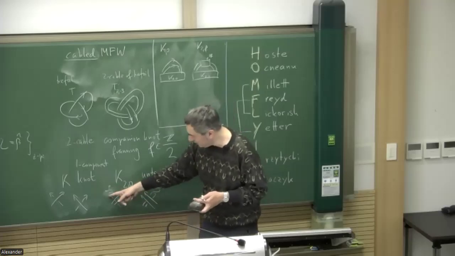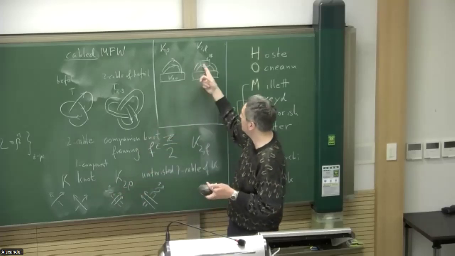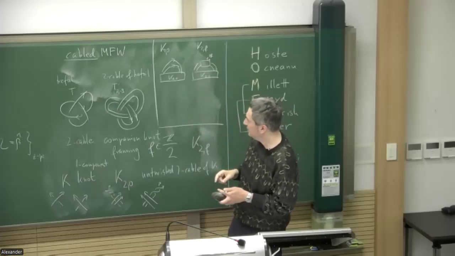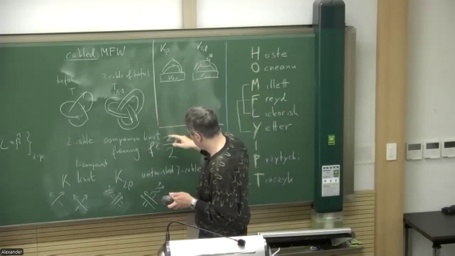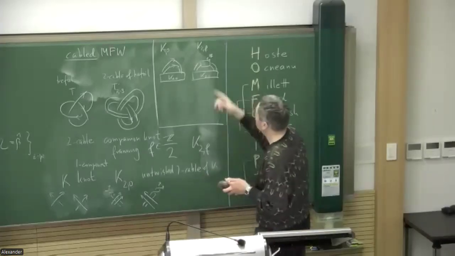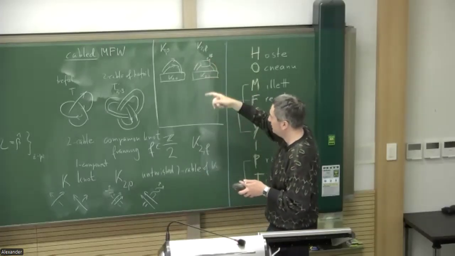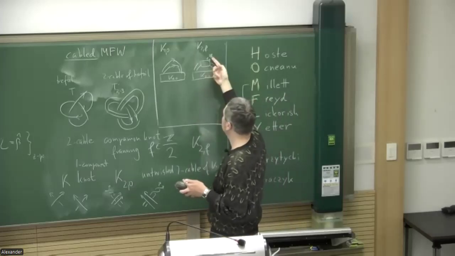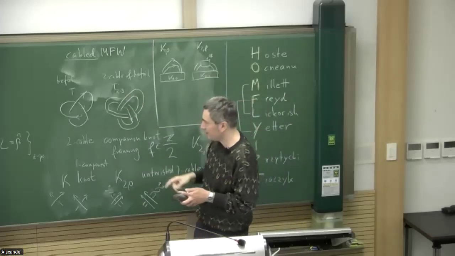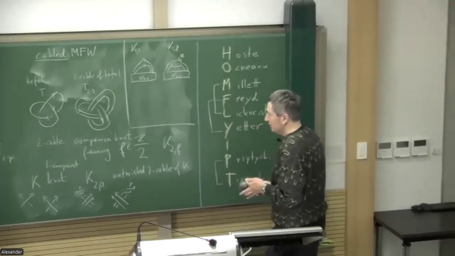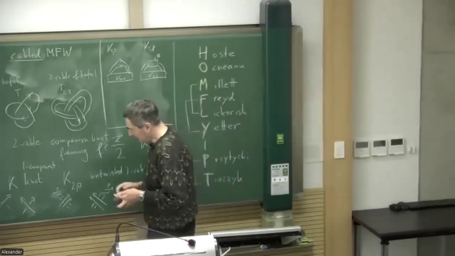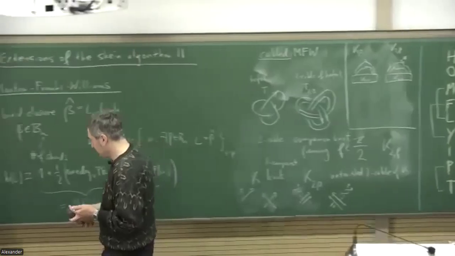In order to get rid of these 3 positives, you have to add 3 negative twists here. So this means you have to add sigma_1 to the power -6, and then 2F is -6, so F is -3. So this is how you get the 2-cable of it.